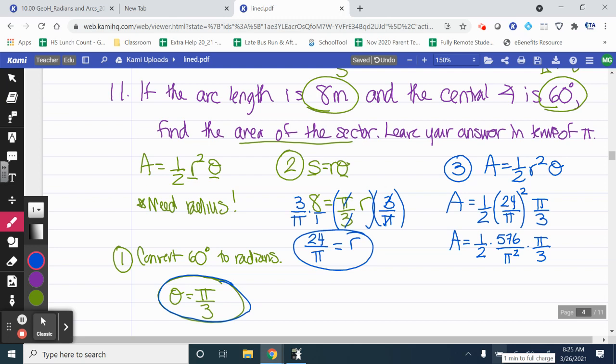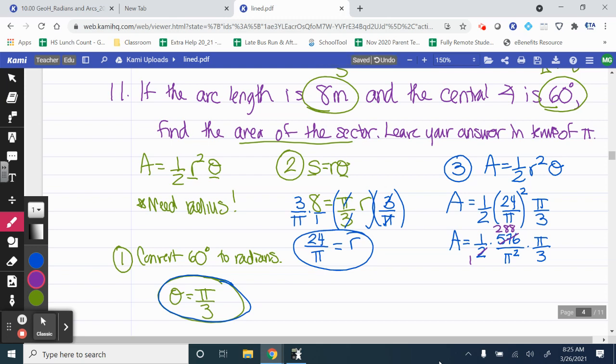So we've got pi squared over here and pi. You could either multiply straight across the top, or you can cross reduce here with your 2 goes into 1, 576. It goes in 288 times.